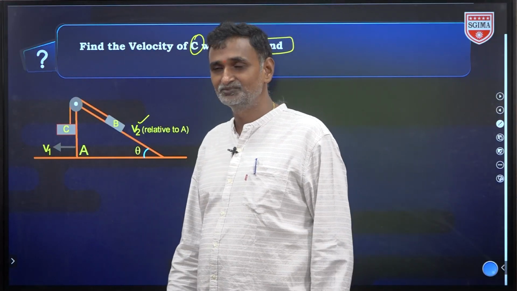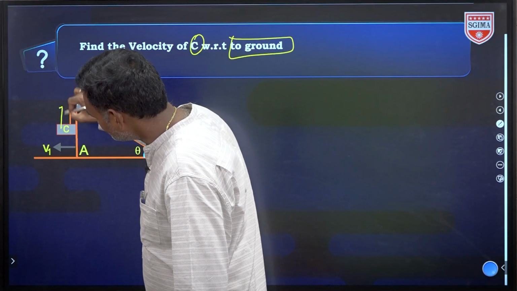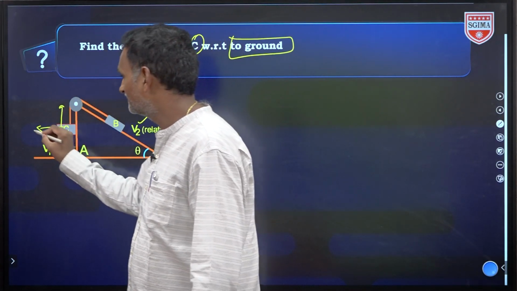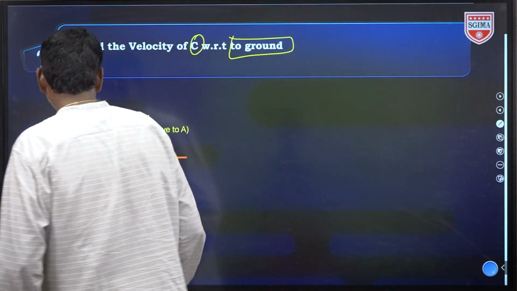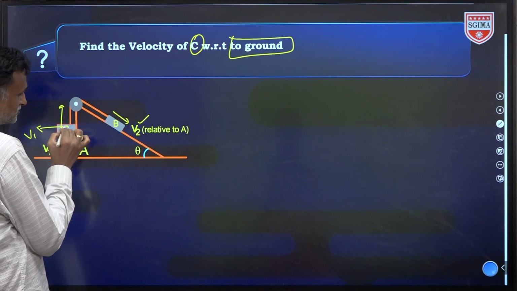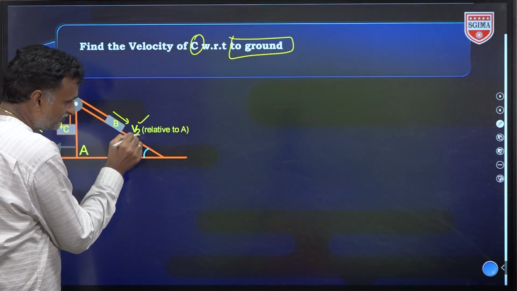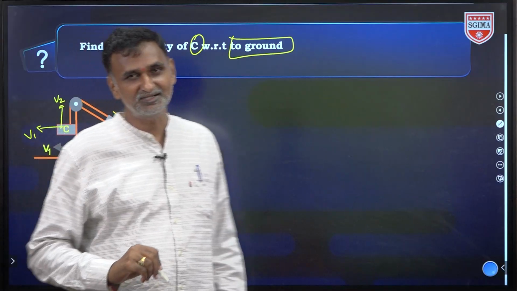So C has two velocities, one upward and one to the left or right side. Here it is V1. And through the same distance that B falls, C will rise. So if B is going downward with V2, then this speed is also V2, that is it.